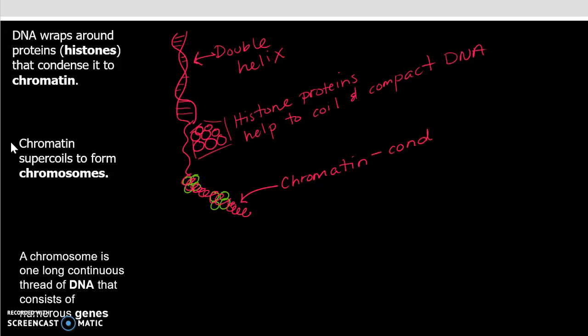And this is condensed DNA. And it starts to coil around. So it's still in this double helix structure, but it's condensing around these histone proteins. The complex of DNA wrapped around a histone protein is called a nucleosome.